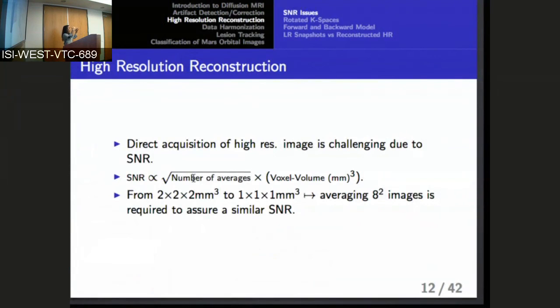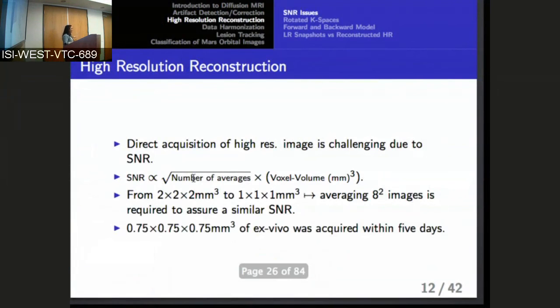What can I do? One possibility is that you can acquire this high resolution image 64 times, following this equation here, align them, average them, and then, in theory, we can prove that after averaging 64 images, the SNR of this image would be at the same level as the SNR of the low resolution image.